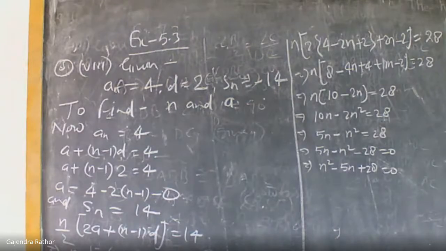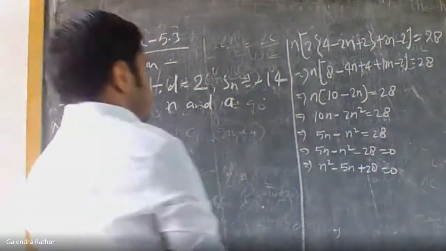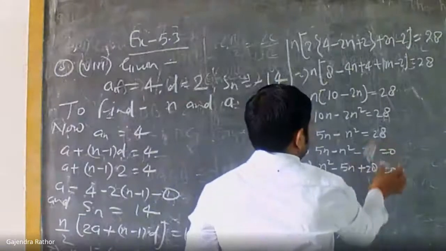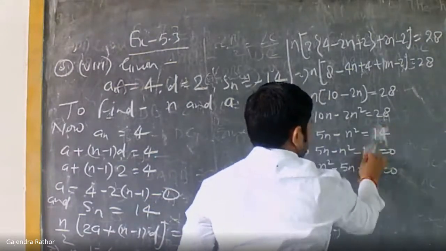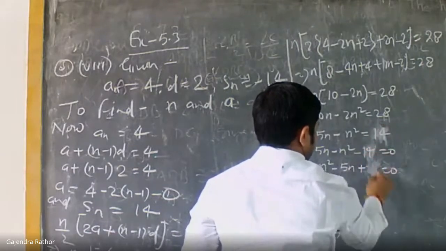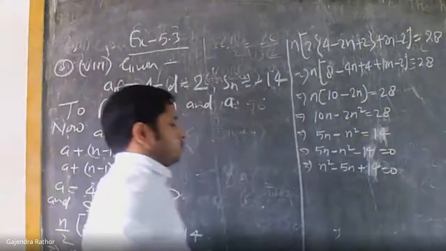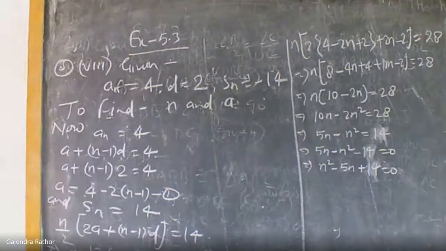What are the two values of n? Yes, sorry, this is 14. Okay, two answers are coming, 7 and 2.